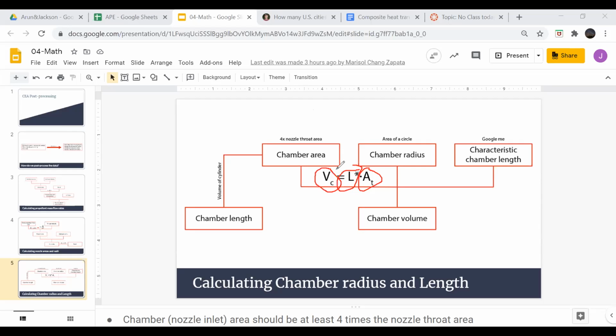So I don't include the nozzle inlet area in the chamber volume calcs because that's more math that I don't want to do.